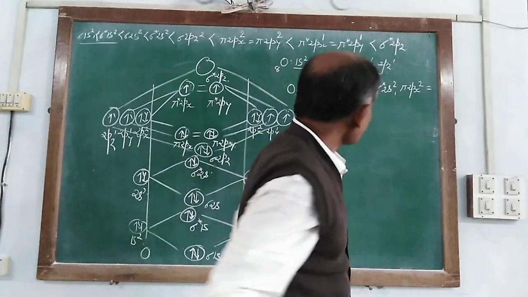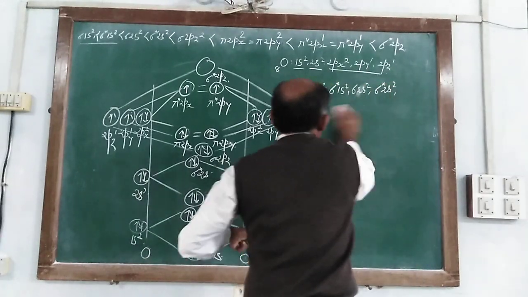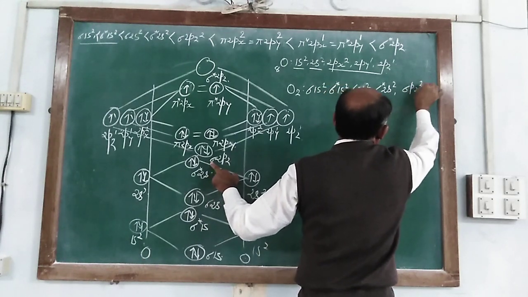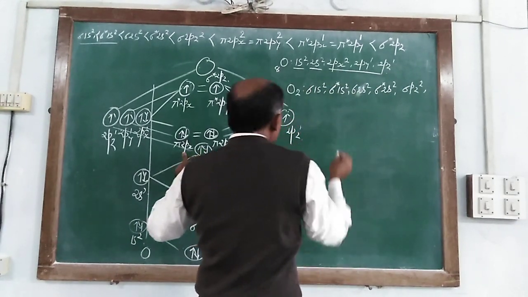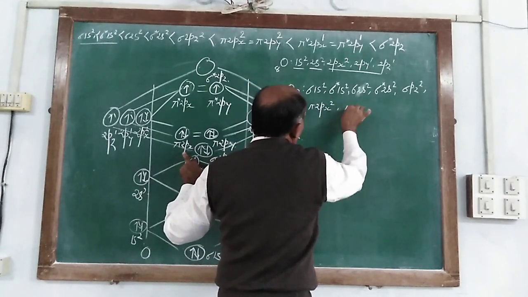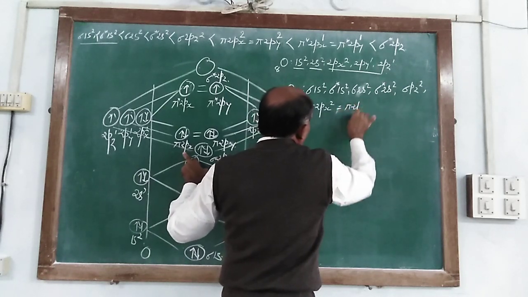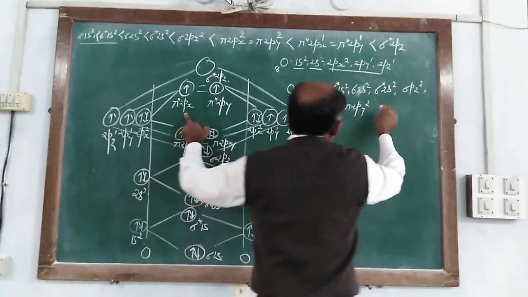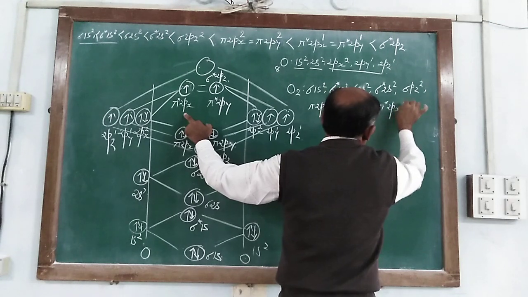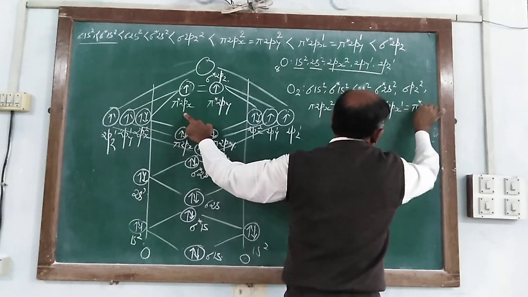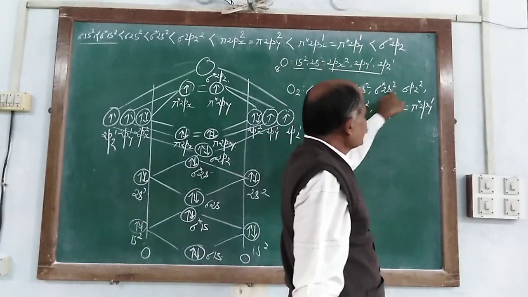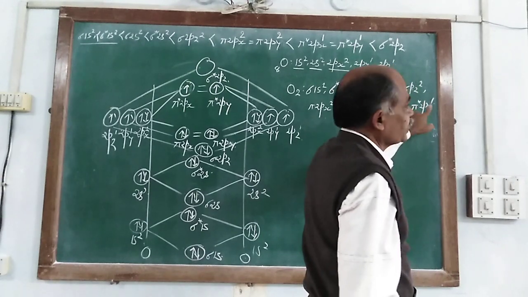Sorry, here we write first sigma 2pz2 and then electrons fill up in pi 2px and pi 2py, and pi star 2px1 and pi star 2py1. So here 2, 4, 6, 8, 10, 12, 14, 15 and 16.